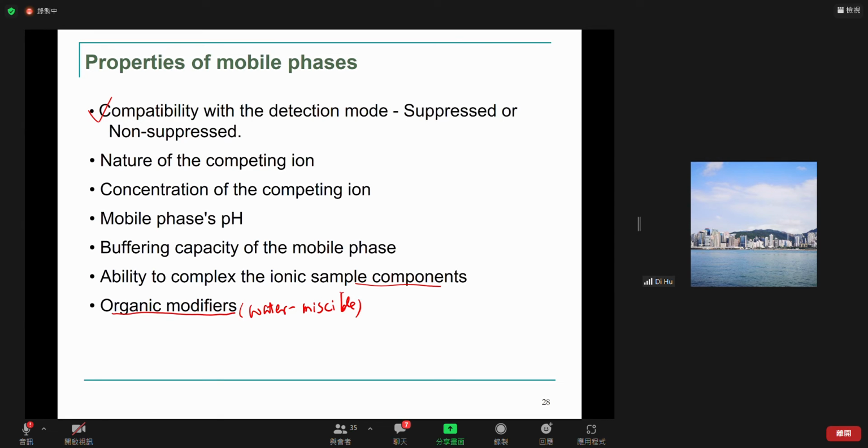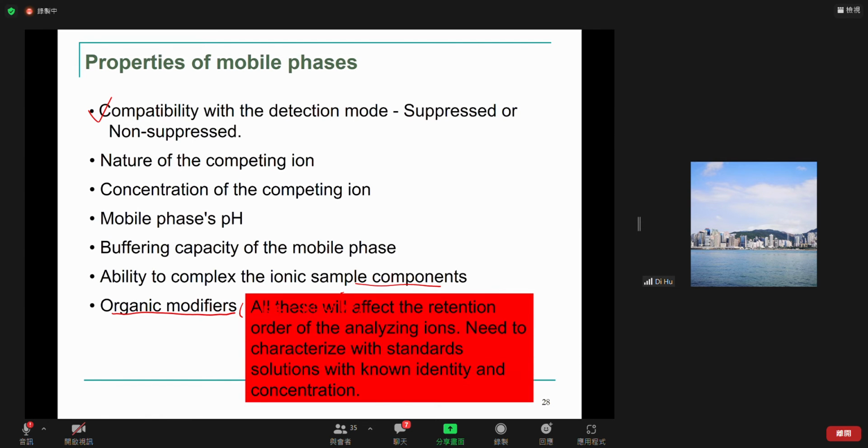A miscible organic modifier, such as methanol or acetonitrile and so on. All this will affect the retention order of the analyte ions. So whenever you do that, you always have to use a standard solution with known concentration on your column to do the calibration and to see the elution order.